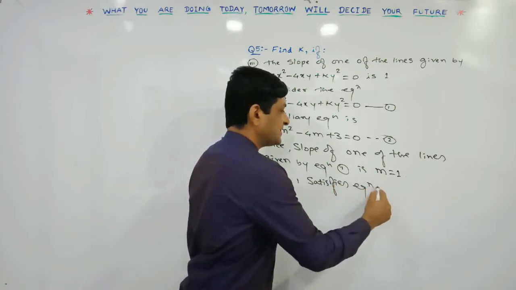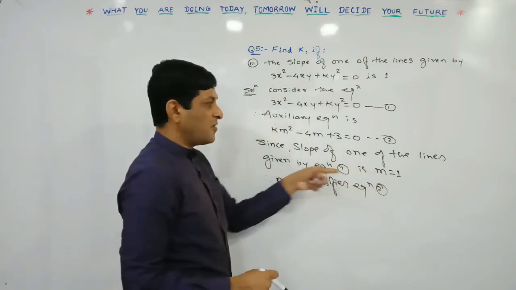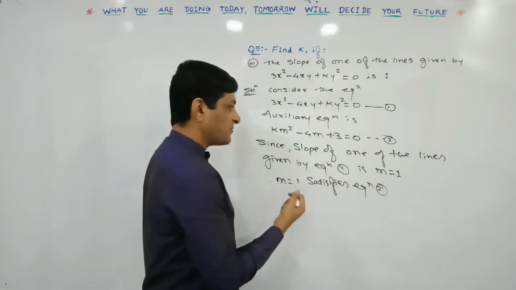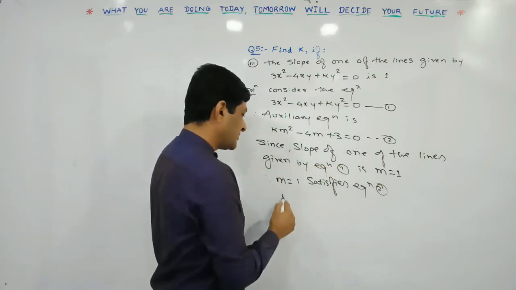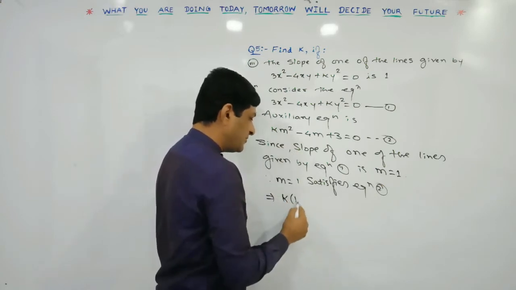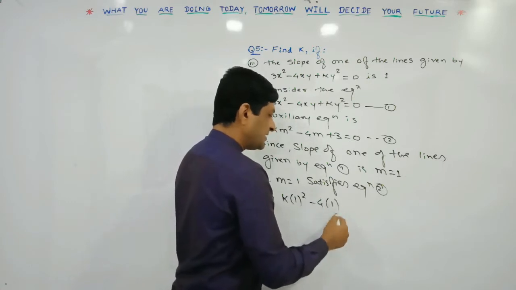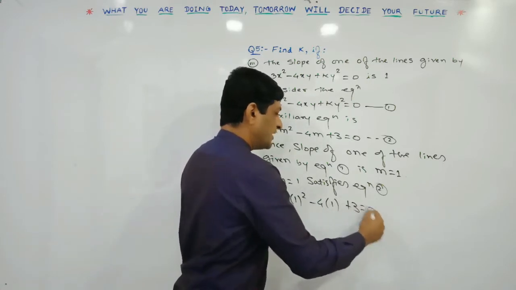So that's why we can say that m is equal to 1 satisfies equation second. So substitute the value of m in this equation, and using that condition find the value of k. So k into 1 square minus 4 into 1 plus 3 is equal to 0.